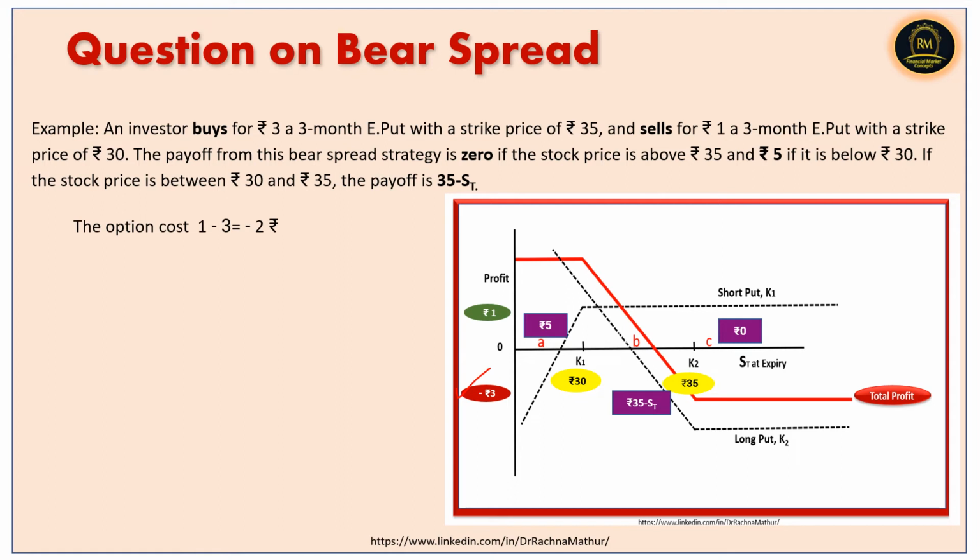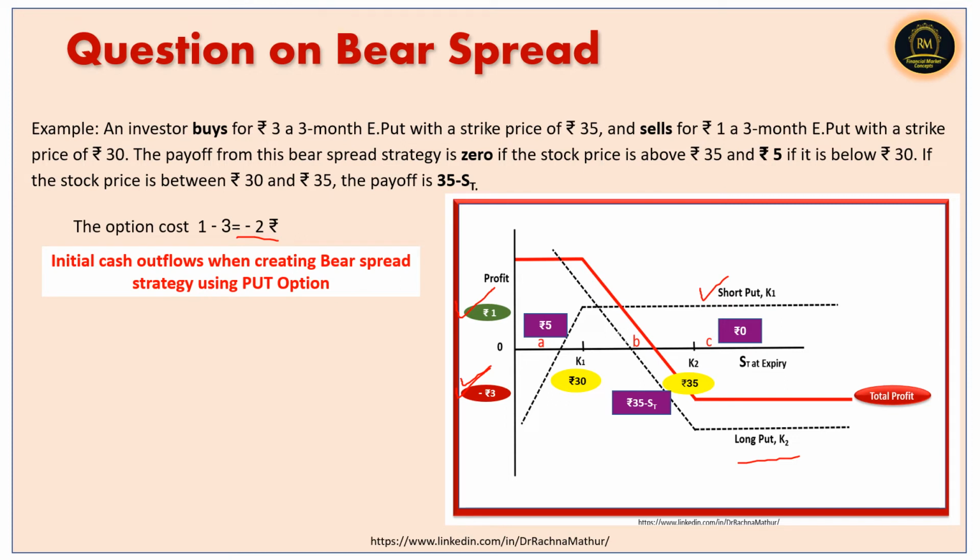So the cost is the amount you have paid for creating the long put and the amount we have received for the short put. So the total cost is minus 2. This shows that there is an initial cash outflow when creating a strategy using a bear spread.